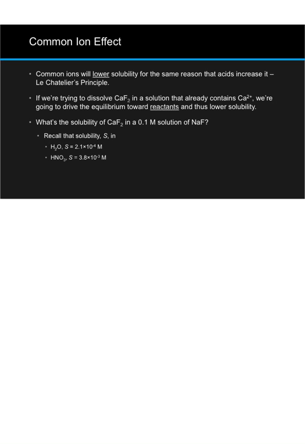So, let us calculate the solubility of calcium fluoride in a 0.1 molar solution of sodium fluoride. So, we're going to place some calcium fluoride into a beaker full of solution that already contains 0.1 molar NaF. We're going to put some solid CaF2 into this beaker and imagine what happens.